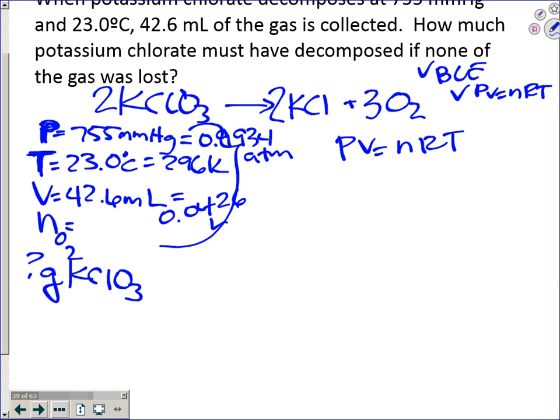All right, dividing by what to solve for n? Divided by RT to solve for n. Okay, so R and T cancel. So n is equal to PV over RT. So n, meaning moles of oxygen, is equal to, what's P, Hunter? Did you not write this down on your paper? 0.9934 atmospheres.